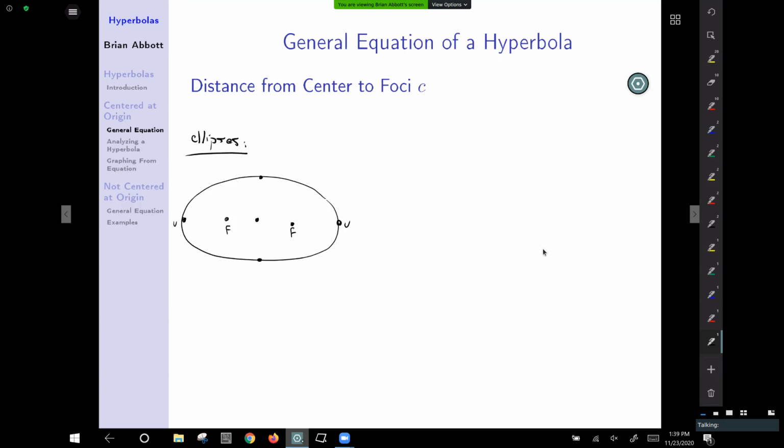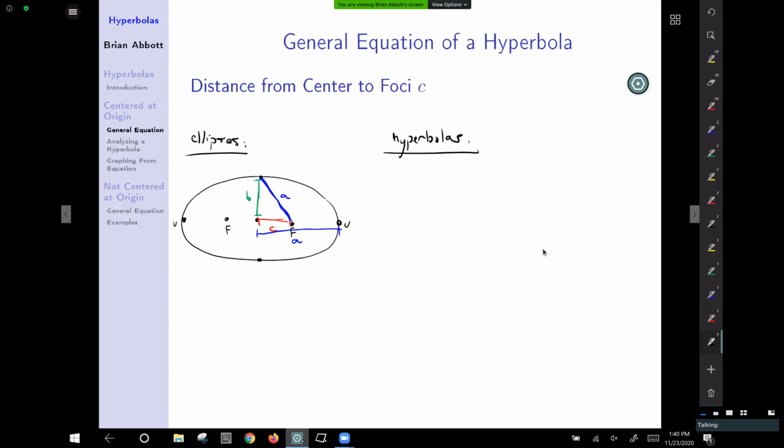The distance from the center to the focus was C, the distance in the x direction was A, and the distance in the y direction was B. And then we learned that this distance connecting the focus and the minor vertex was the same as that longer distance between the center and the vertex. So there's a lot of parallel here with hyperbolas.